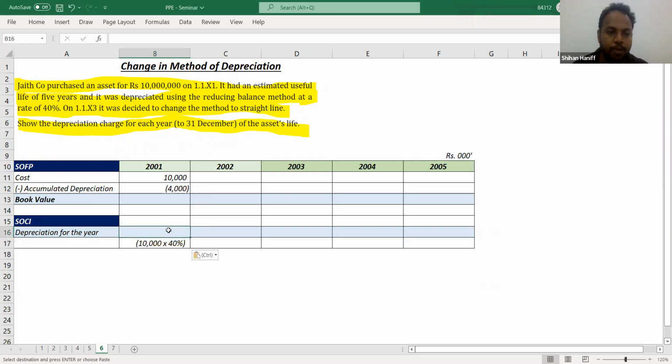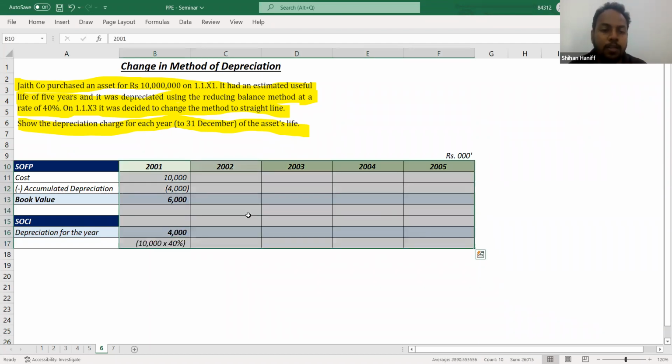So that's the depreciation. Then the book value is 10,000 minus 4,000, 6,000. Can you all complete this?